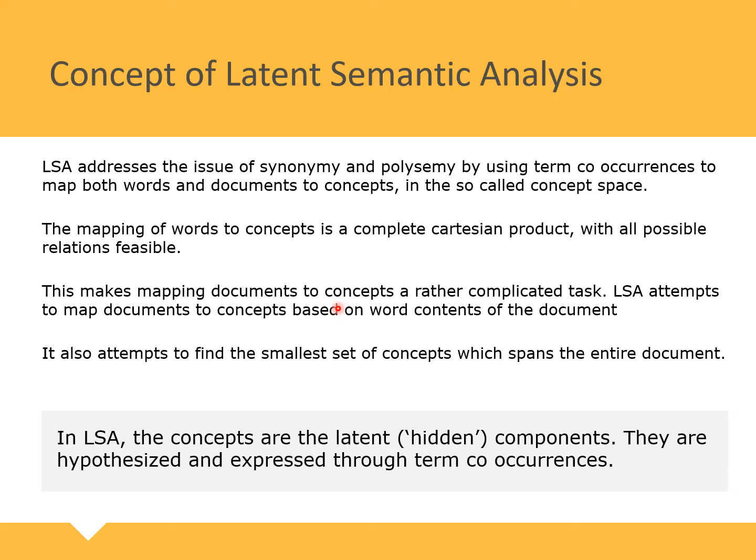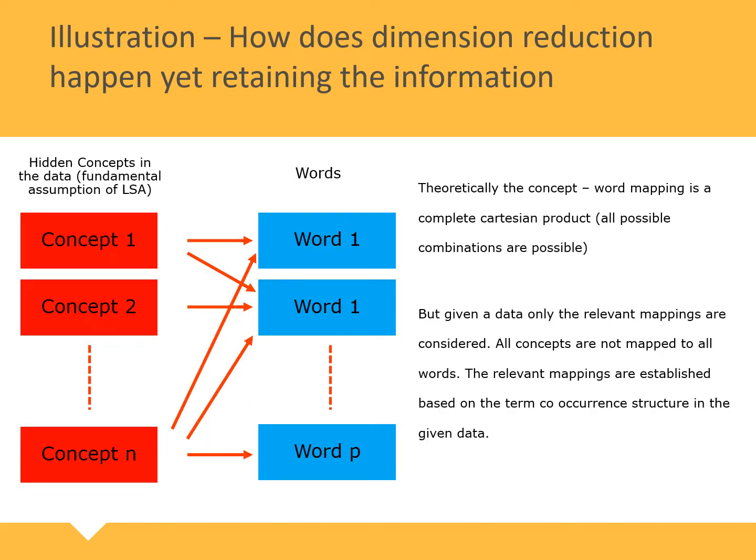So essentially it is a mapping between these hidden concepts and all the words present in the data that you're handling. Theoretically speaking, this mapping is actually a Cartesian product, so all possible combinations can be thought of as possible.